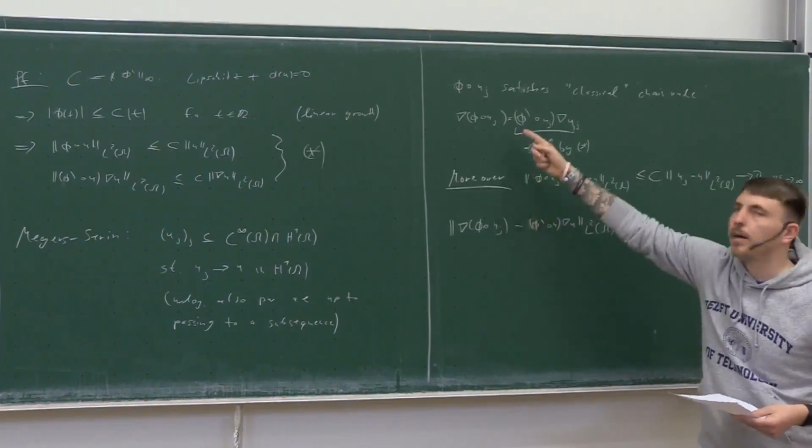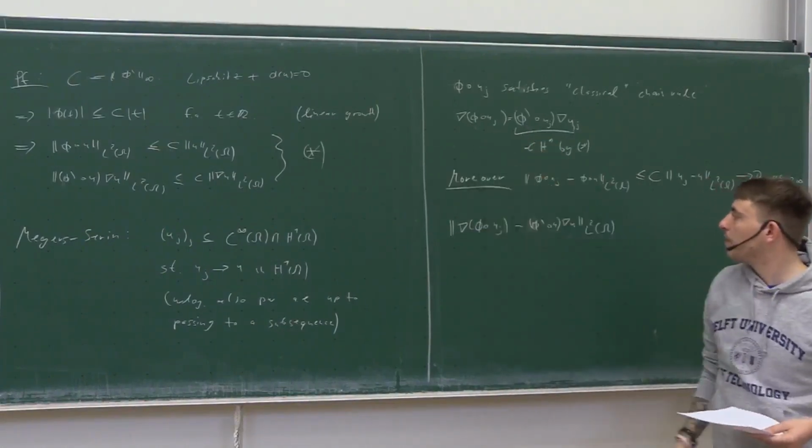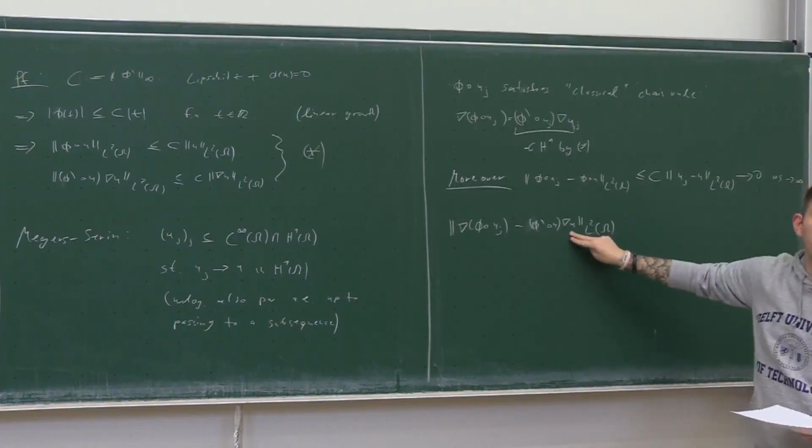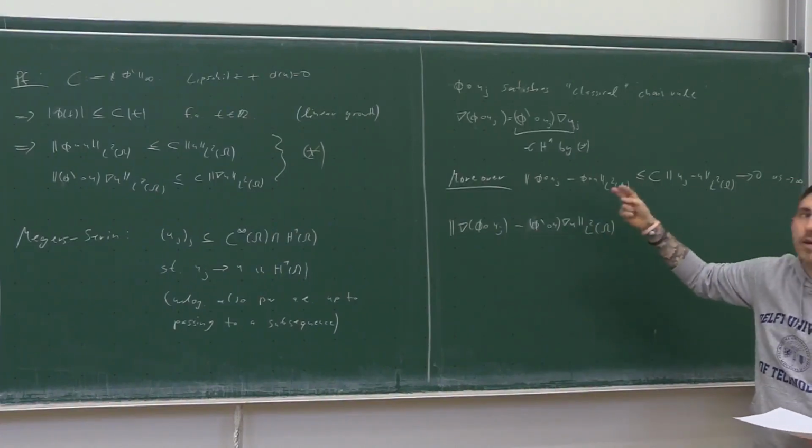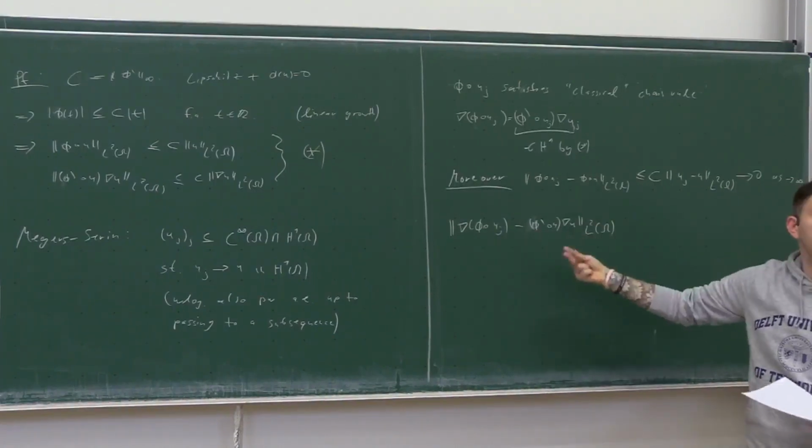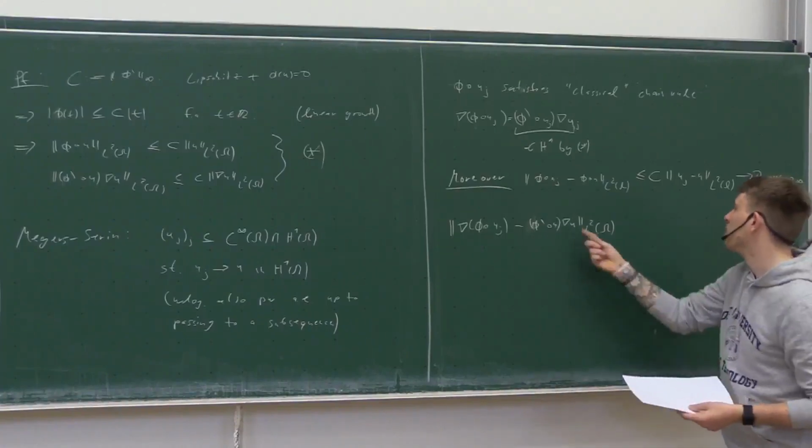This I could calculate by the classical chain rule here. This I don't know if it comes out if I apply the gradient to phi after u, but I wanted it to come out, so this is why I wrote it here.